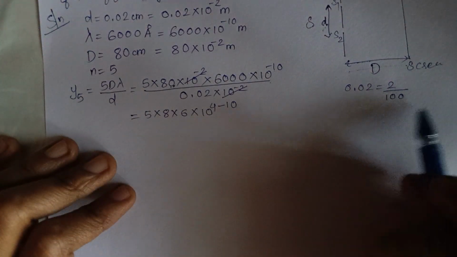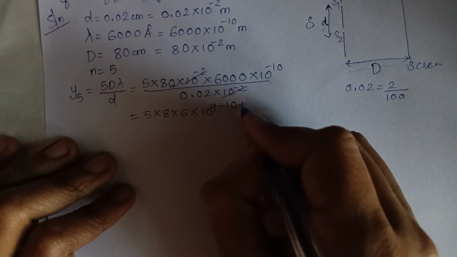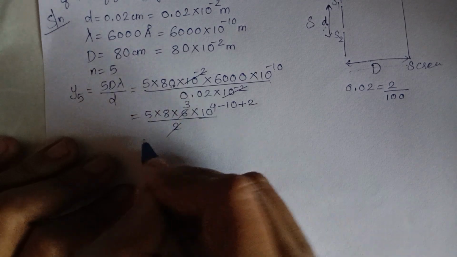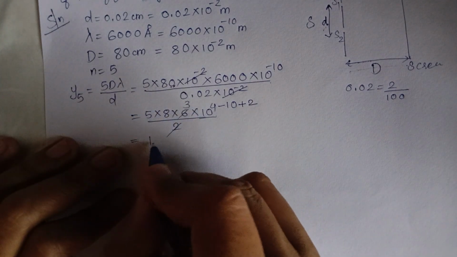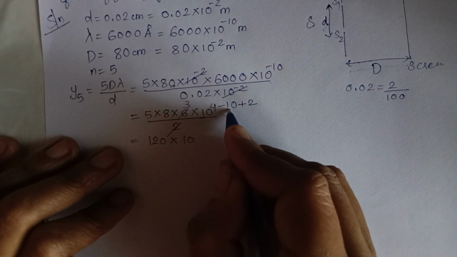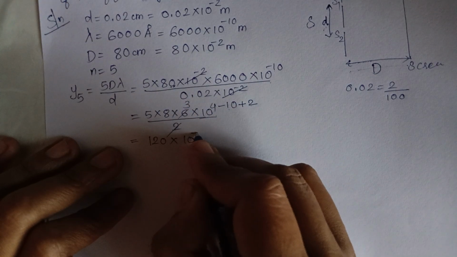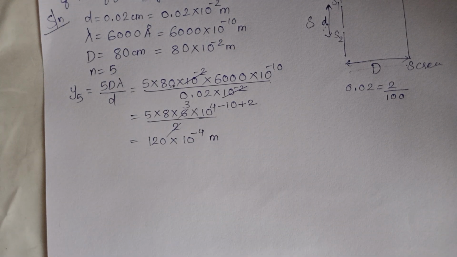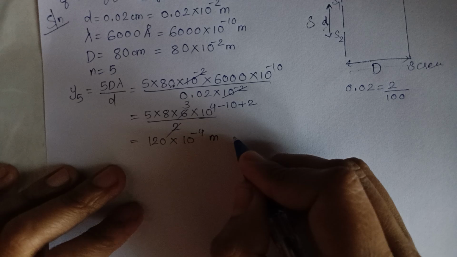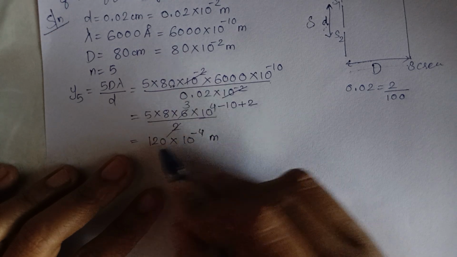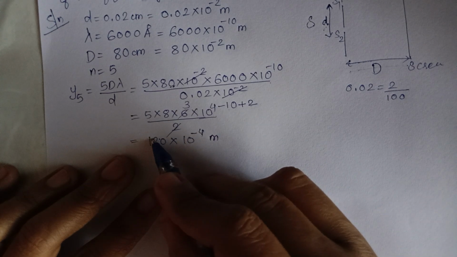So that 100 goes in the numerator. So I can write here plus 2. And this is divided by 2. 120 into 10 raised to 6 minus 10, so minus 4 meter. Okay. If you want, you can shift that point. So if I shift that point, it will be 1 2 3 4.